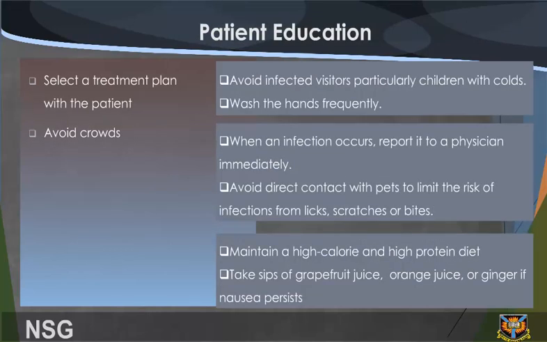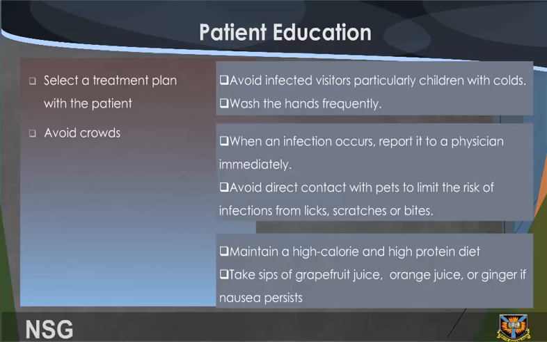Patient education. Select a treatment plan with the patient. Avoid crowds. Avoid infected visitors, particularly children with colds. Wash the hands frequently. When an infection occurs, report it to a physician immediately.